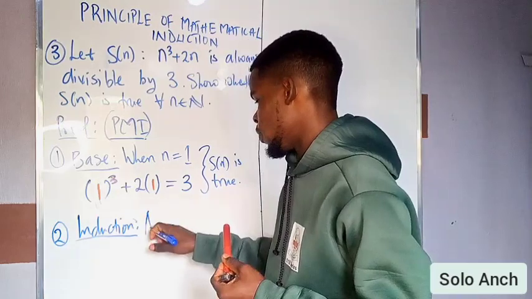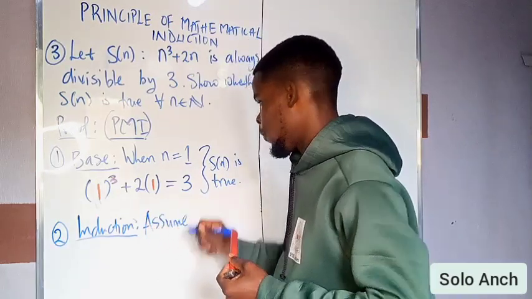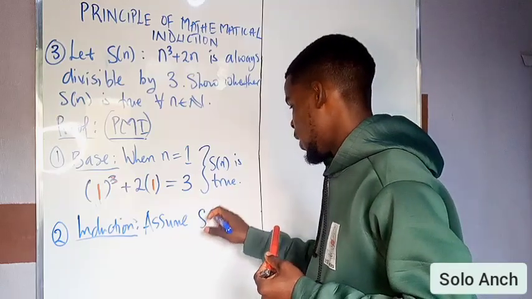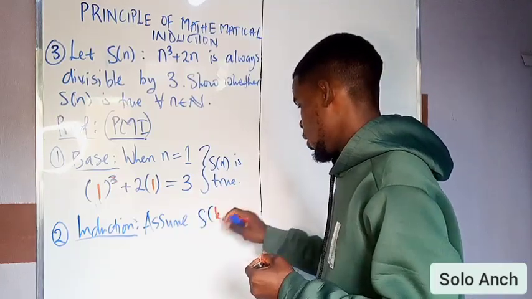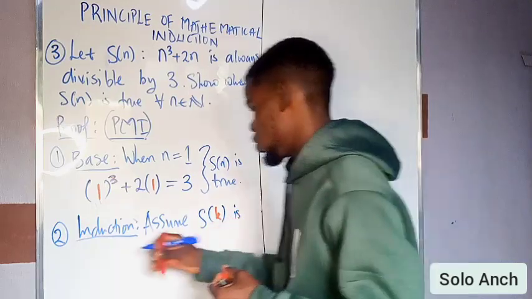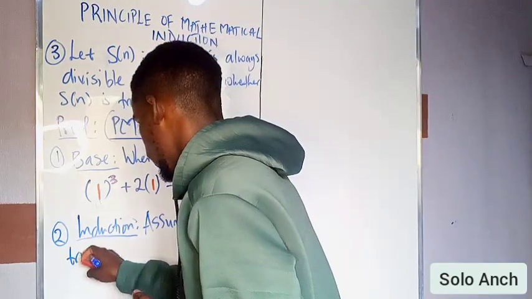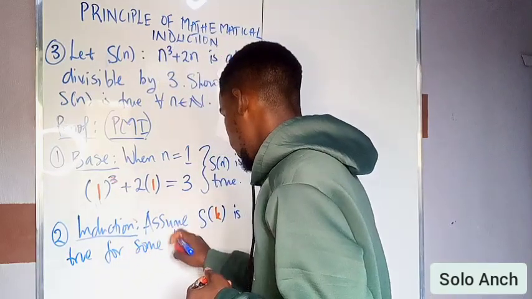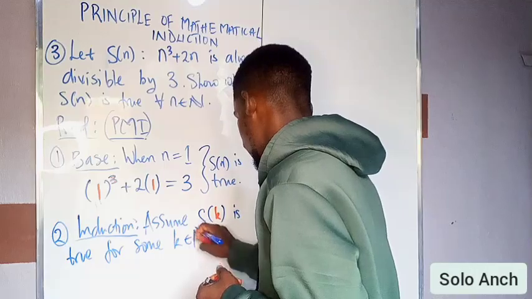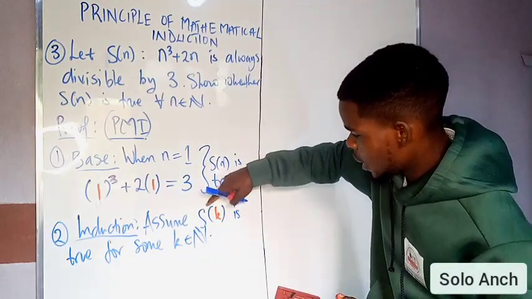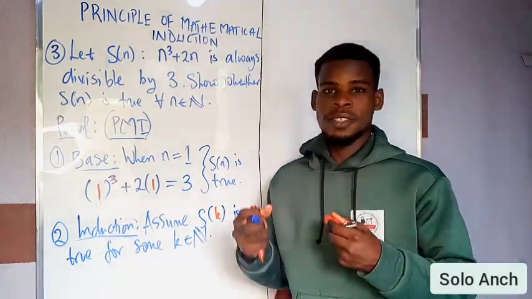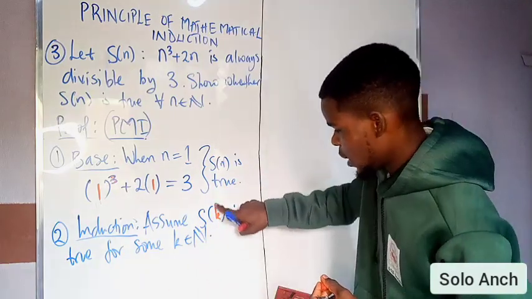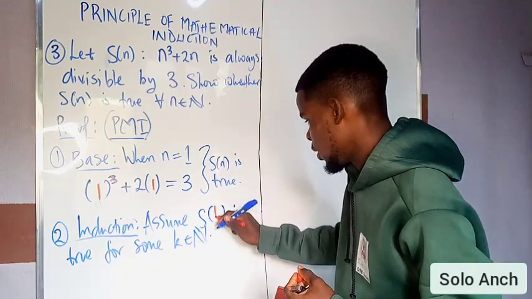Good. So we assume that for some arbitrary n, this statement S of n is true. Assume that S of k is true for some arbitrary k. So as you see, I said assume that S of k is true. The same thing as saying assume that S of n is true when n is k. So when n is k, we can easily put k here.